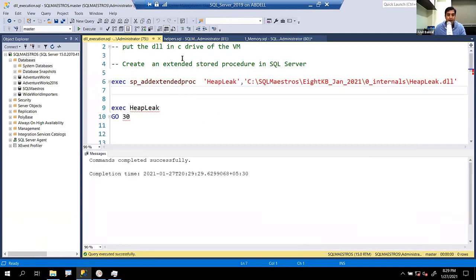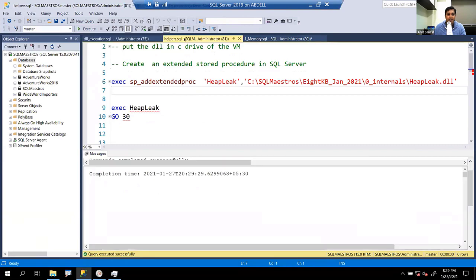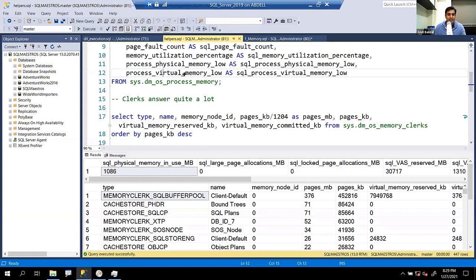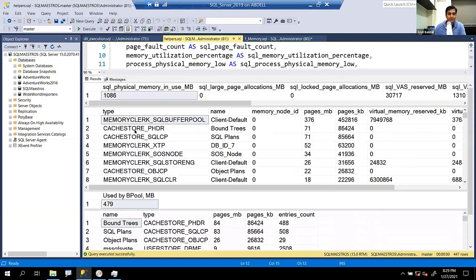And now let's open up the helpers and we'll execute the helpers and see where we stand with memory. What you can see here is SQL Server memory currently in use is about 1100 MB, and we have the buffer pool at 376, 71 for PHDR, and so on. Keep these numbers in mind.